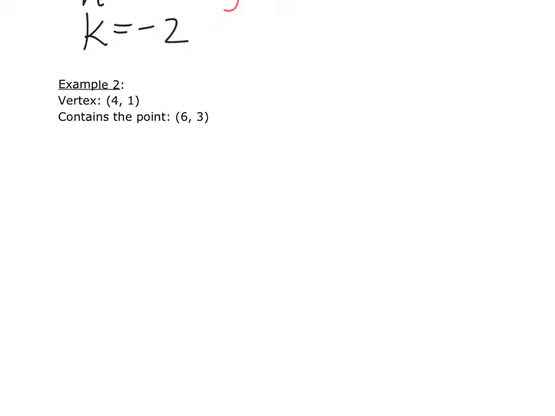Example 2. We have a vertex located at 4, 1. And this quadratic contains the point 6, 3. What does it contain? The point 6, 3. It's right up there on the board.